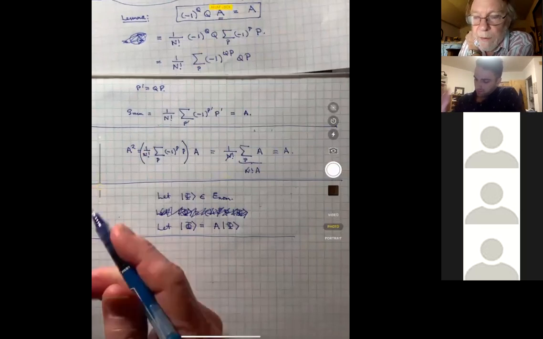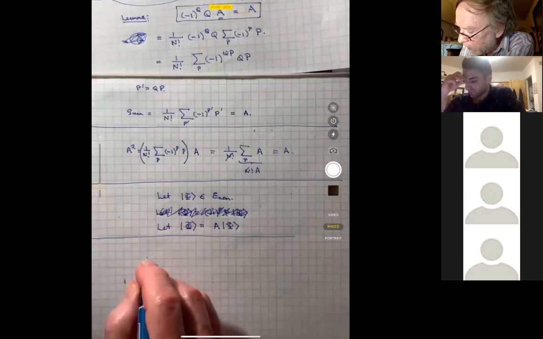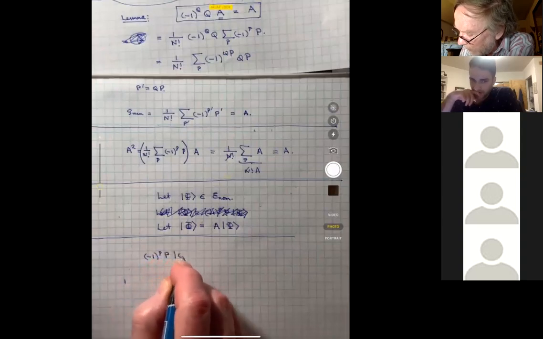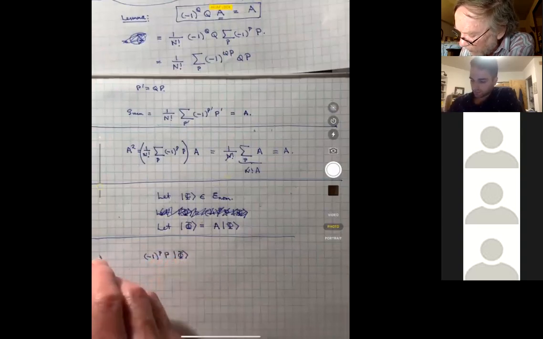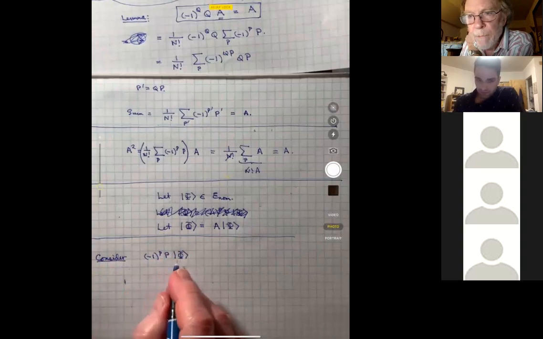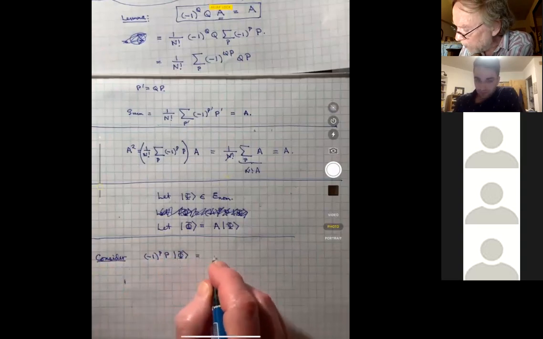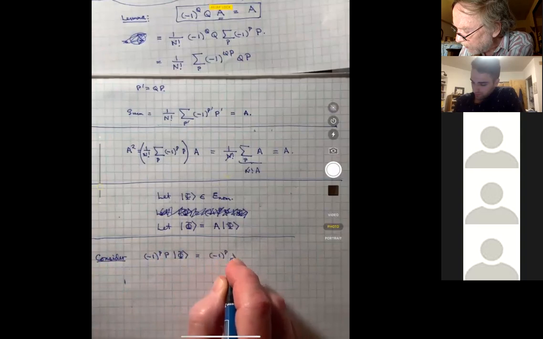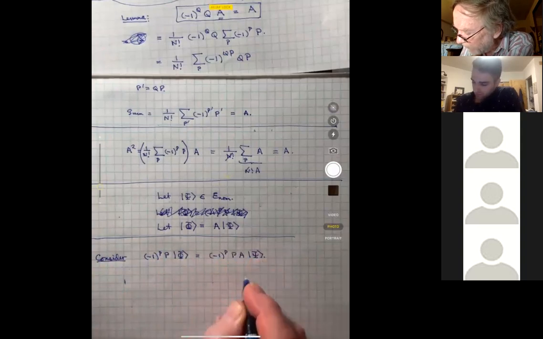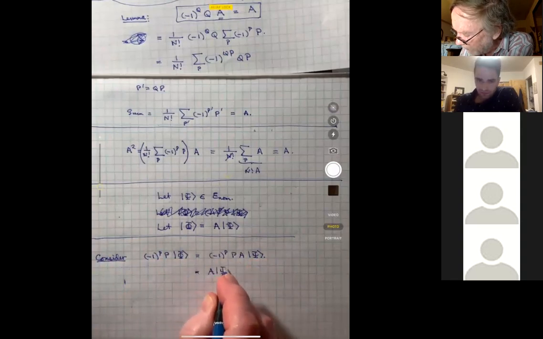So let's do this. Let's take minus 1 to the P times P and apply it to Phi. Because to test if it's physical or not, we need to see what a permutation operator does to it. But this is minus 1 to the P times A acting on psi. By our little lemma, that's the same thing as A acting on psi.